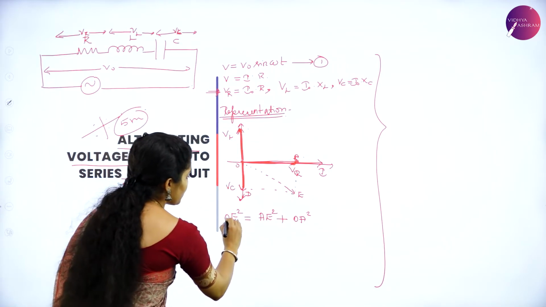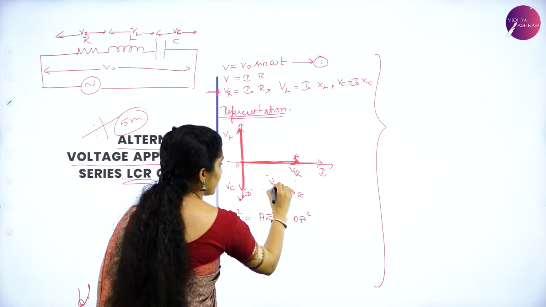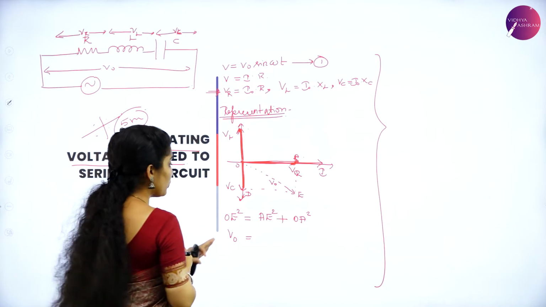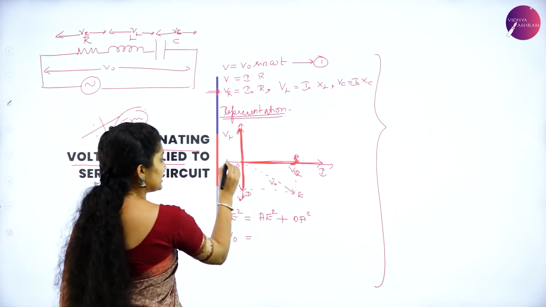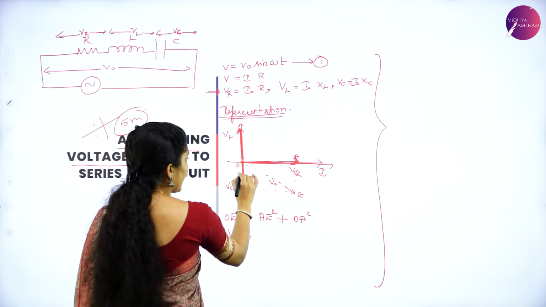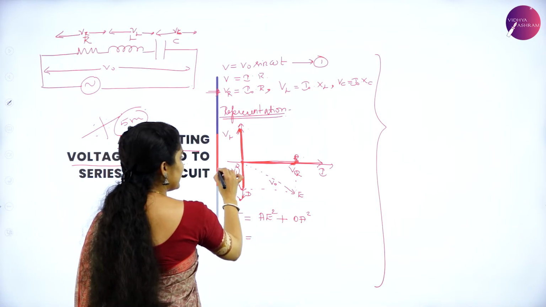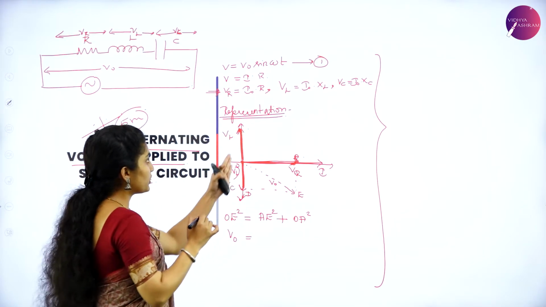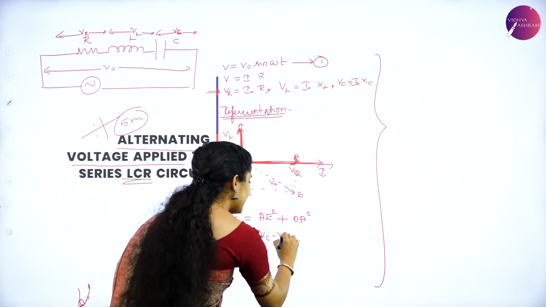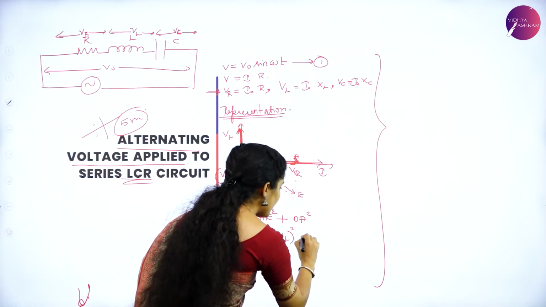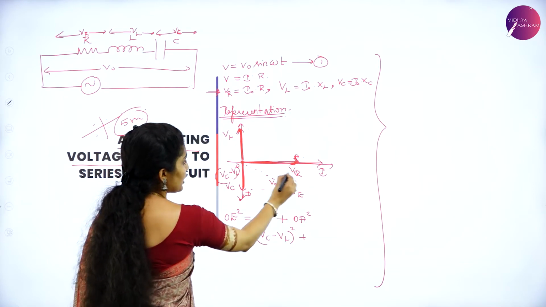OE square is V naught, the peak value. AE square, which is the same as OD square, is VC minus VL, where you subtract the voltage of the inductor, so it is VC minus VL the whole square, plus OA square, which is nothing but VR.